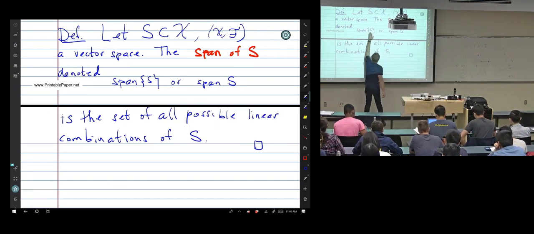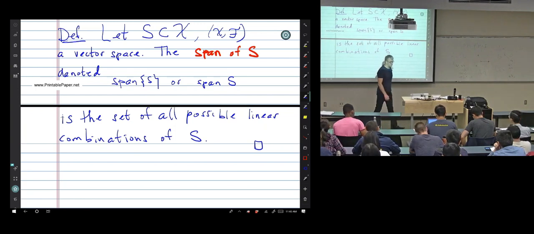You build all linear combinations of S. That's called its span.